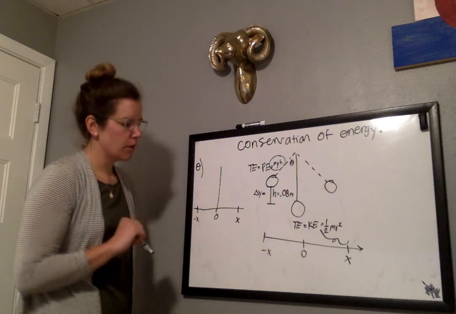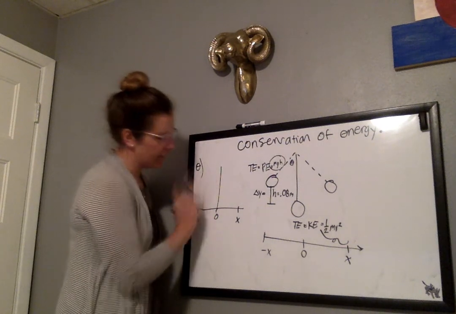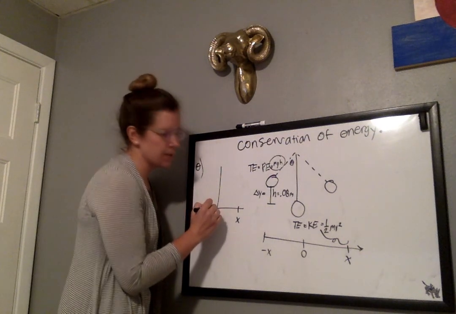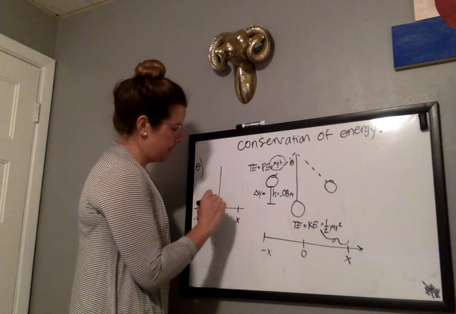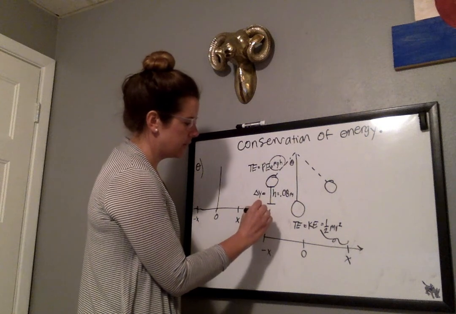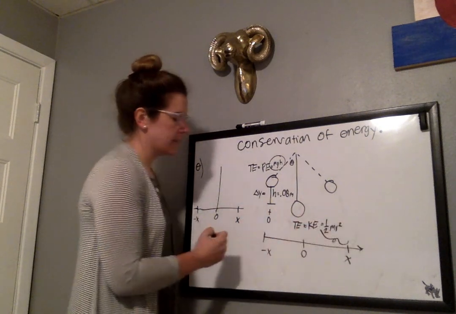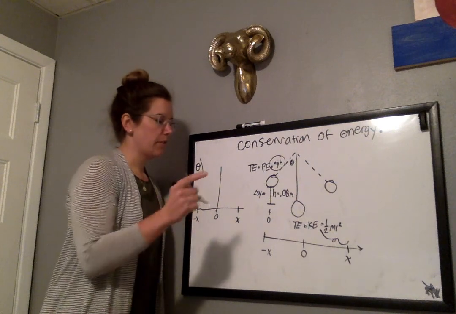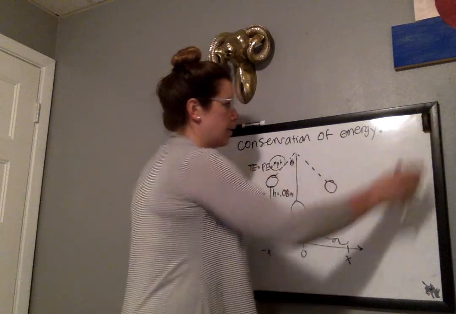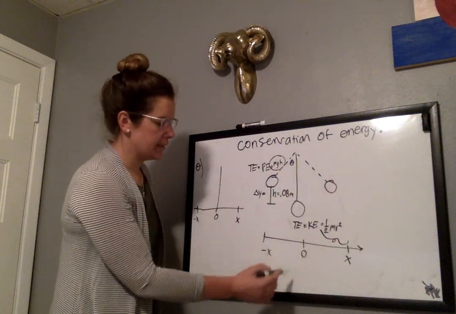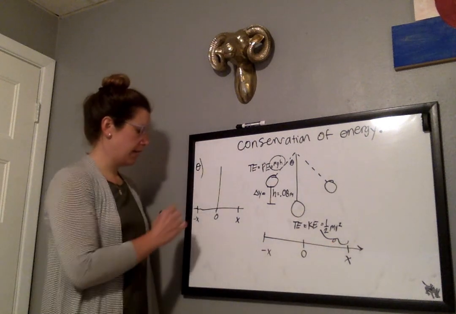I saw some of you drawing this as not having this part of the graph, saying the horizontal distance starts here at 0, then this would be x, and this might be 2x. You need to make sure your graph reflects that. We're going to define this middle part as 0. So here is the equilibrium position. It's going to go to x and negative x.